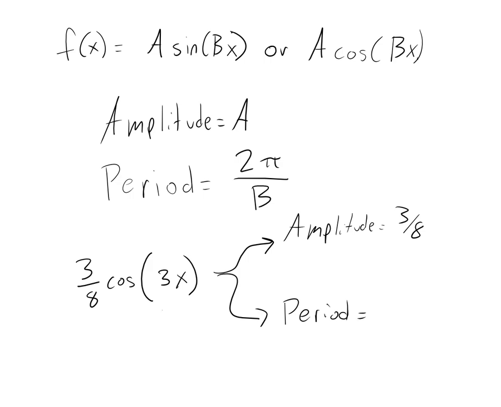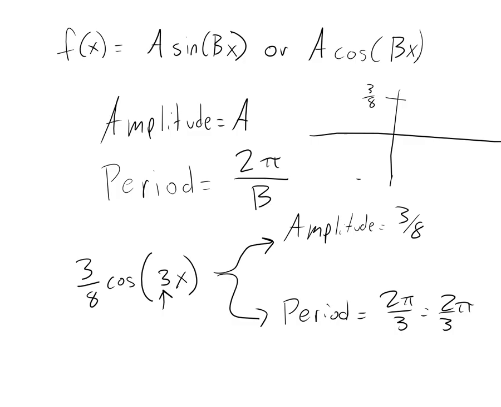Well, the b in this case is 3. We're going to do 2 pi over 3, which you might write as 2/3 pi. That's how long each peak and trough will be. So can we sketch this out? Sure, maybe. We'll go 3/8 up here. We'll go negative 3/8 down here. Now, cosine is a little bit different. Cosine actually starts at the peak and then starts.